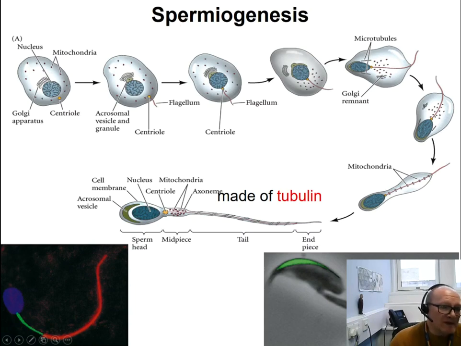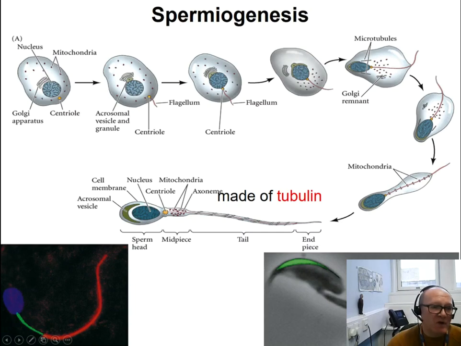During the process of spermiogenesis, the Golgi apparatus produces the acrosomal vesicles, the mitochondria start to migrate toward the centriole, and the centriole produces a flagellum. This flagellum is made mostly of tubulin protein.